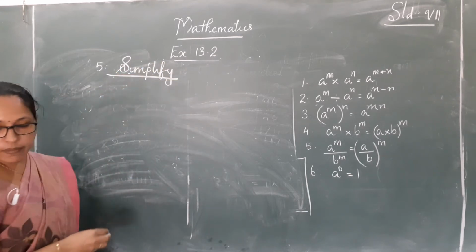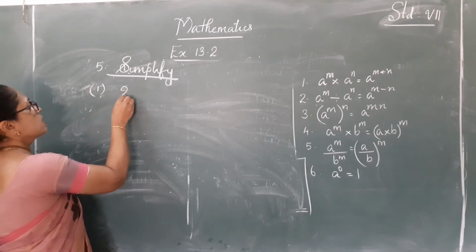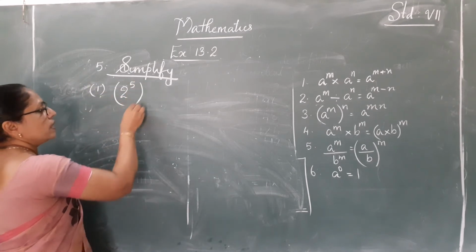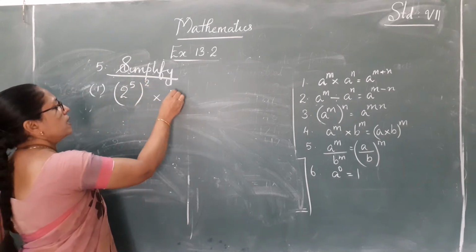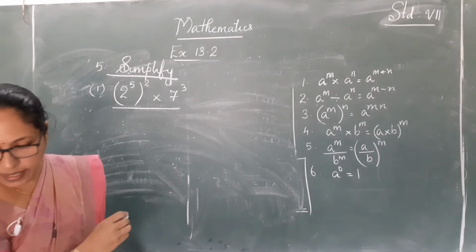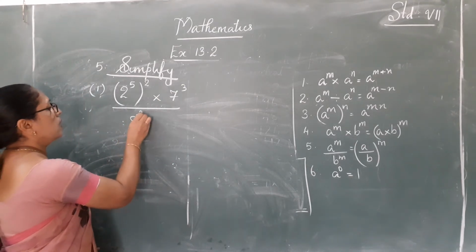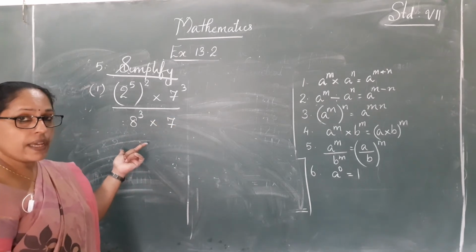Question number 5, simplify. First one: 2 raised to 5, the whole raised to 2, into 7 raised to 3, by 8 raised to 3 into 7. This type of problem we have already solved.